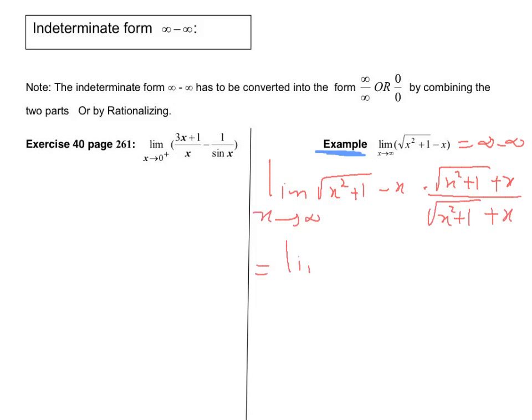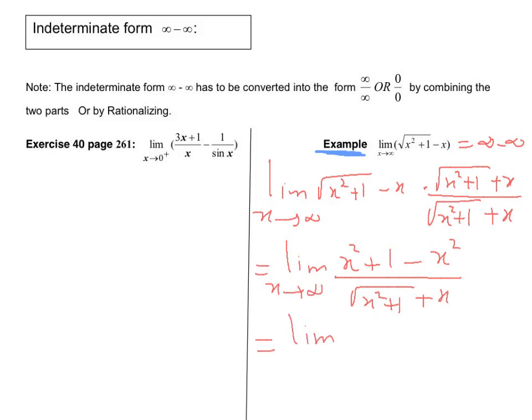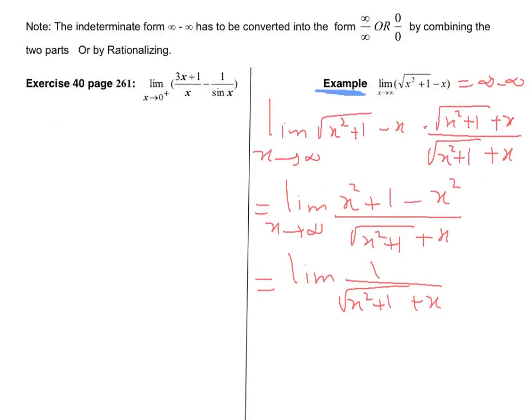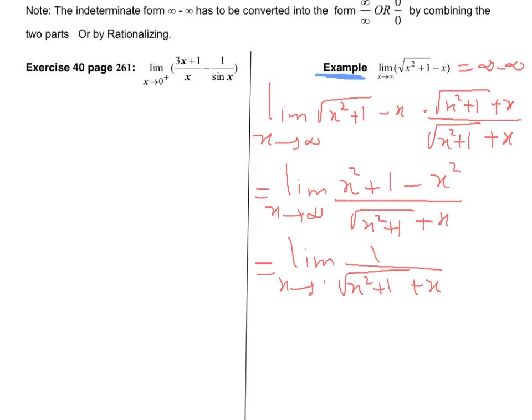Multiply, so you are going to have x squared plus 1 minus x squared. You multiply the root, and then this is the square root of x squared plus 1 plus x, as x goes to infinity. We want that because we need a ratio. This is what we are trying to do now. We did not use L'Hopital's rule yet.